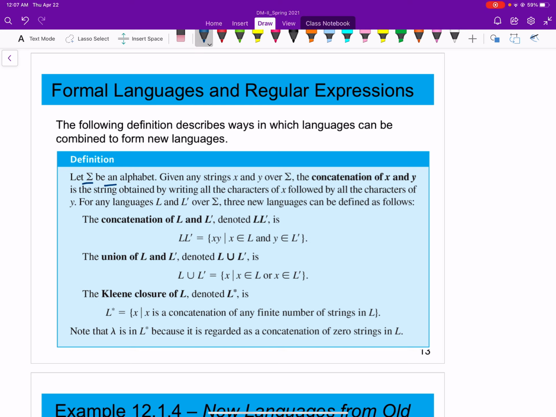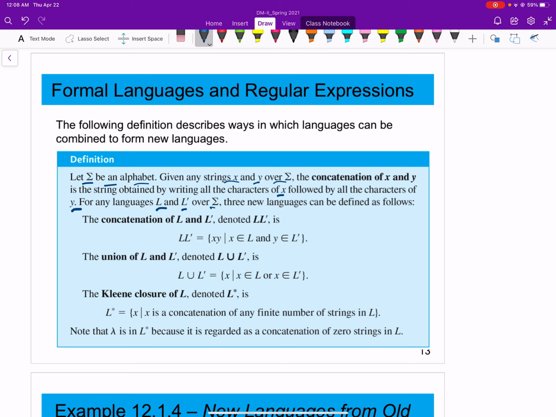Let sigma be an alphabet. Given any strings x and y over sigma, the concatenation of x and y is the string obtained by writing all the characters of x followed by all the characters of y. For any languages L and L prime over sigma, three new languages can be defined as follows.